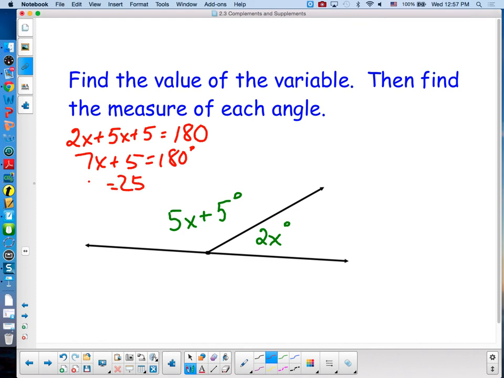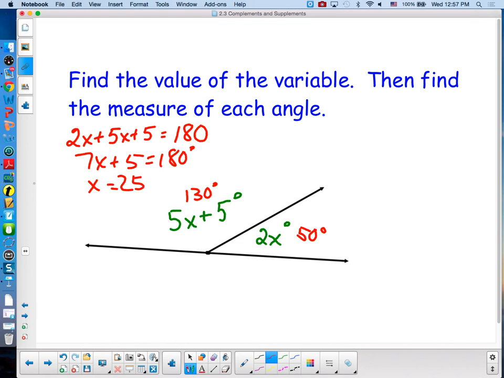So 25 was x. When you substitute in to find the measure of each angle, 5 times 25 is 125, plus 5 more, 130. And 2 times 25 is 50. Do those add up to be 180? Okay, thumbs up or down if you got that right.